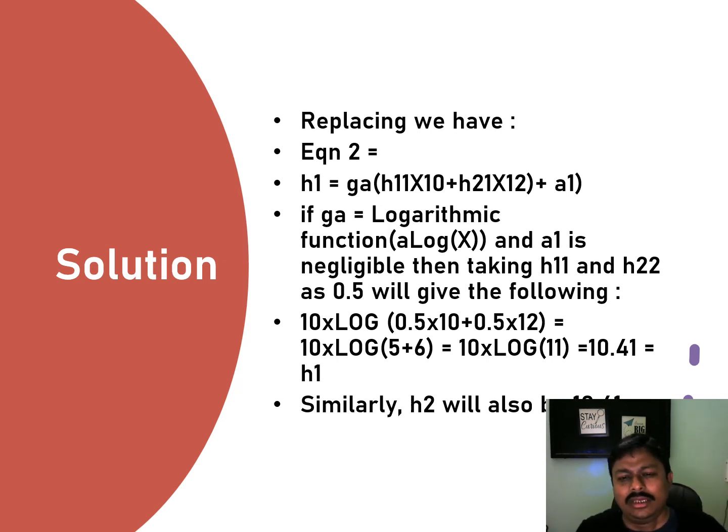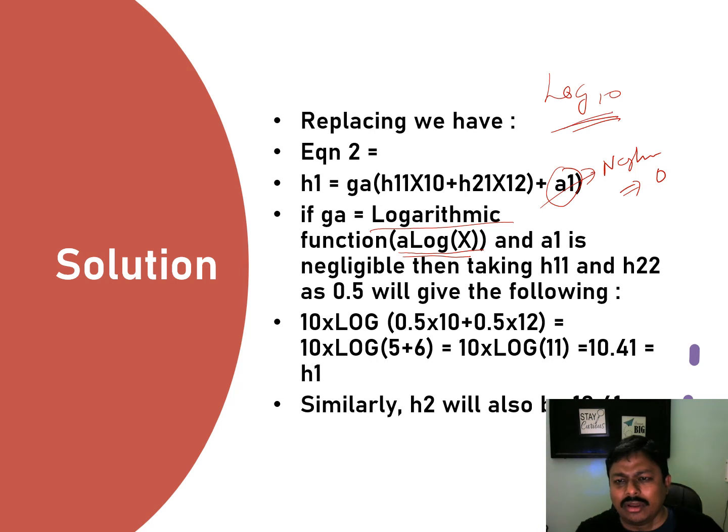Here you see I have used this logarithmic function, log 10 basically. Another thing you must assume is this A1, this bias, to be negligible, that means equal to 0. All these things I have already discussed. Another point to mention is that here we have used the logarithmic function.